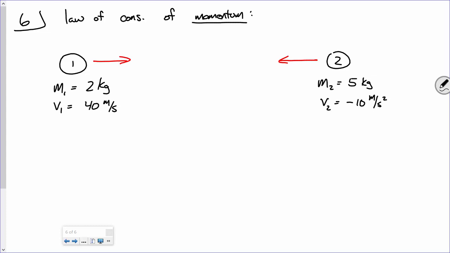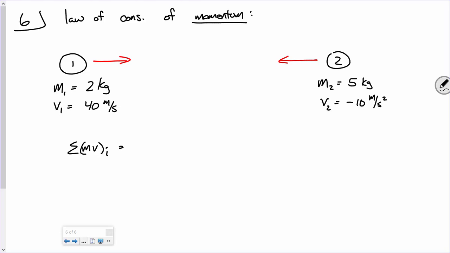So, let's figure out the momentum going into this collision. Okay, what's the momentum going into this collision? So, the sum of mv, and I'll say initially, at the very beginning. So at the very beginning of this, you've got ball 1 going like this, ball 2 going like this. So what do we got?